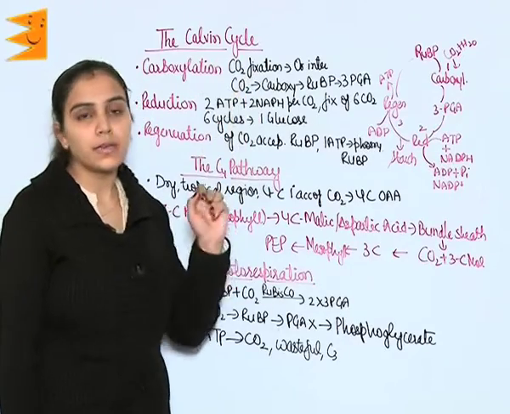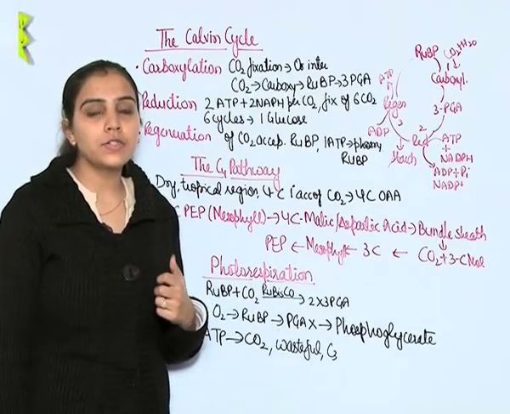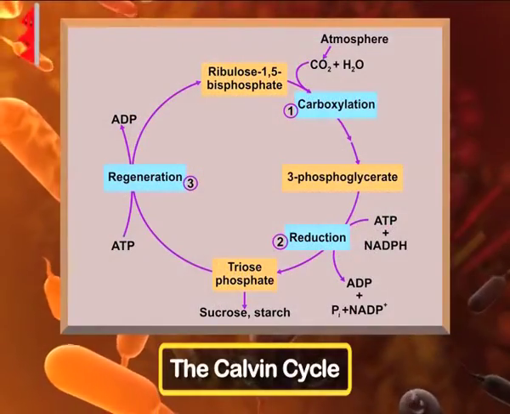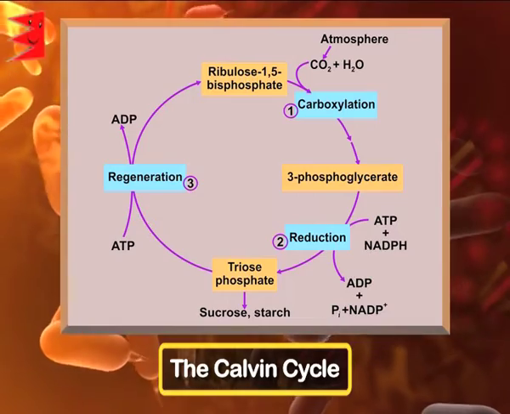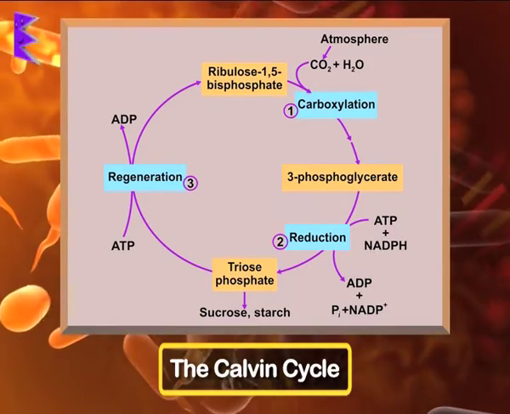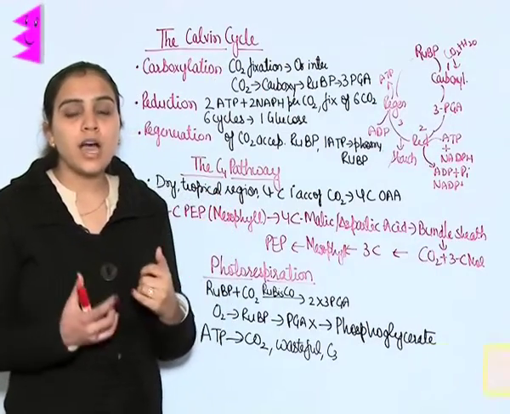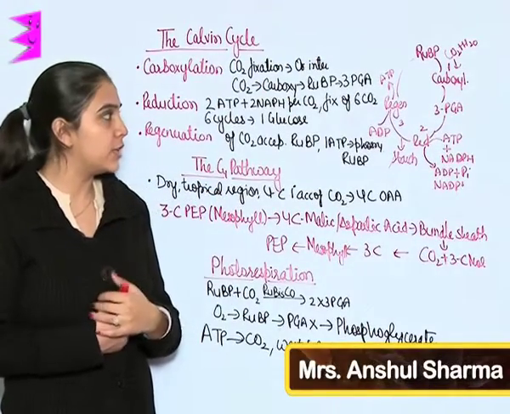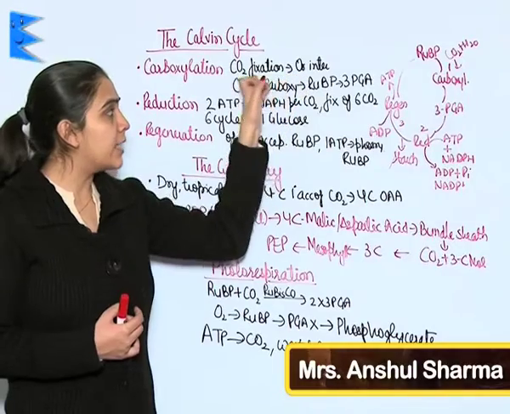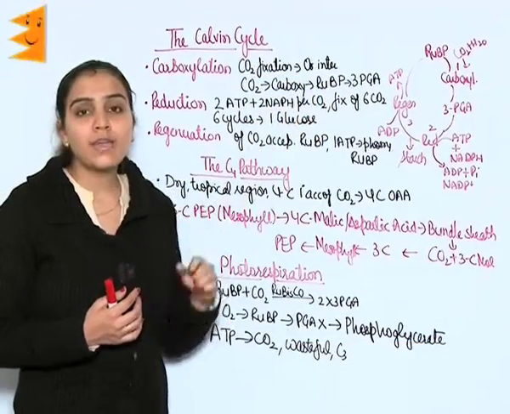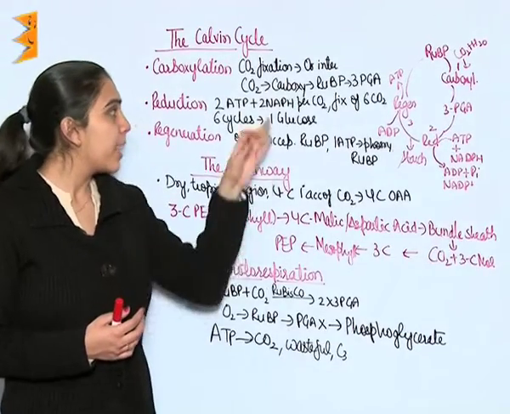The Calvin cycle. The Calvin cycle occurs in 3 steps as you can see in the diagram: carboxylation, reduction and regeneration. Carboxylation is the process of carbon dioxide fixation, and this carbon dioxide so fixed forms an organic intermediate.